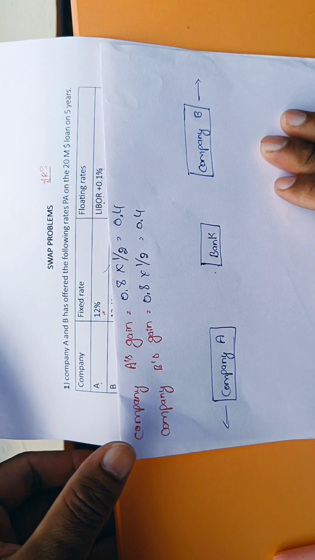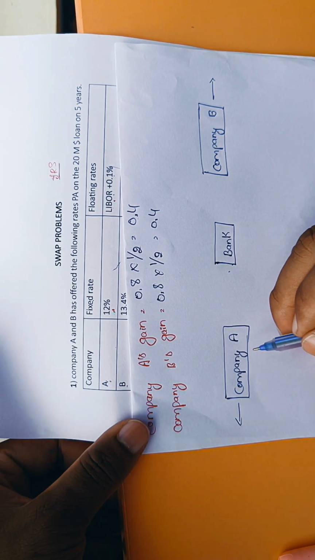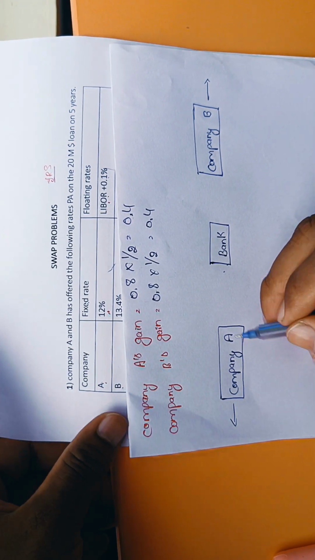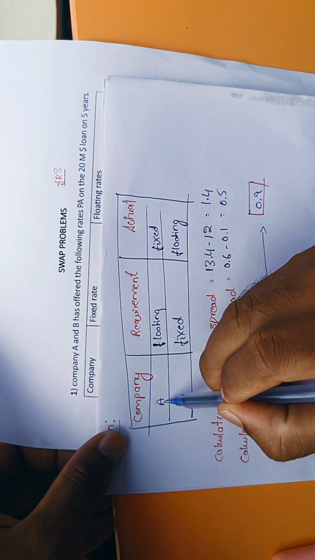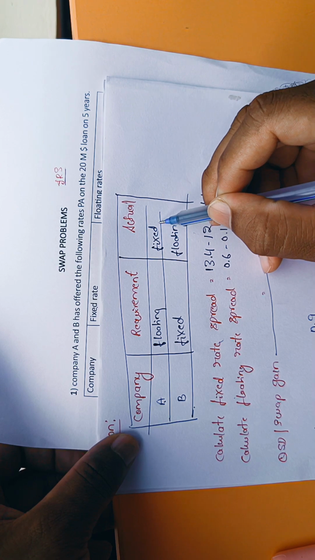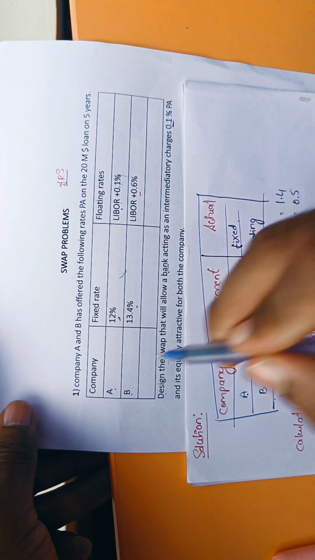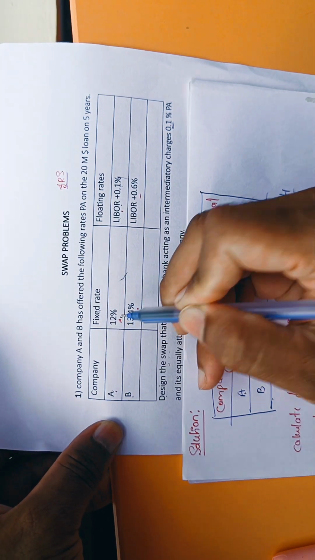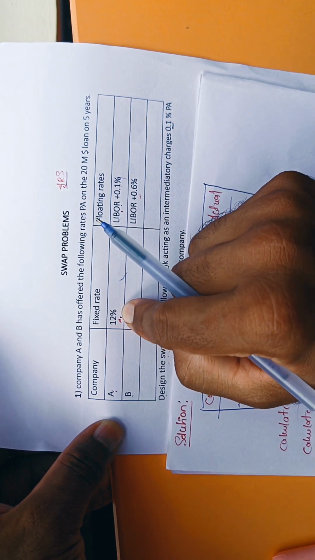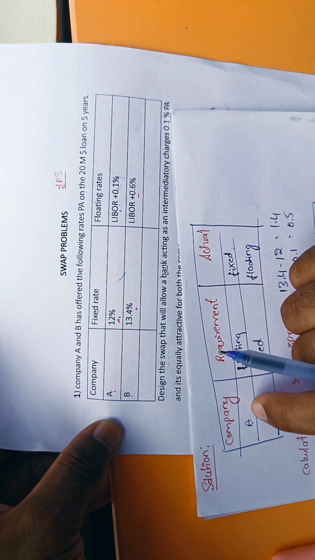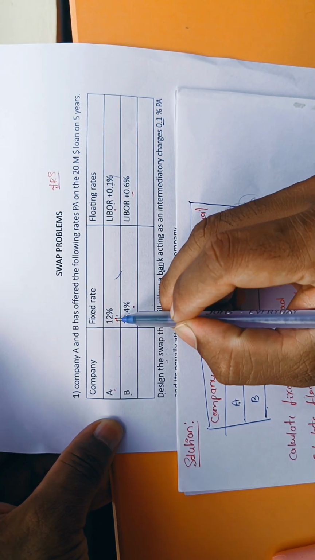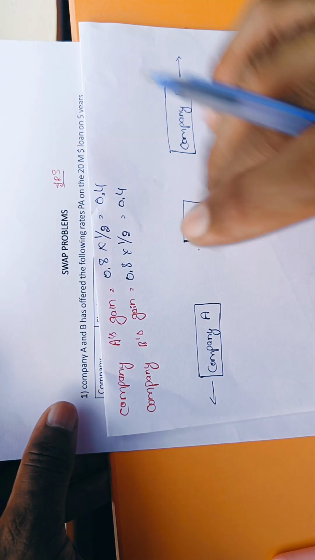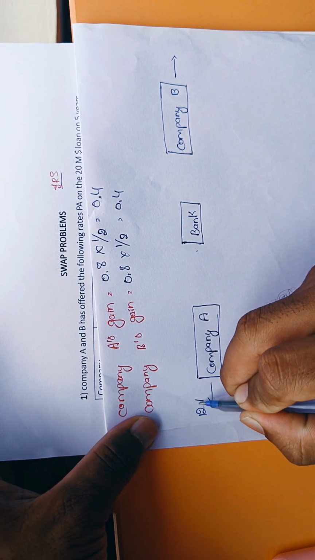If this is clear, come to company A. What is company A actually doing? Company A is actually giving fixed rate. Company A fixed rate is 12%. It is giving for open market rate, 12%. Show it here. 12%.